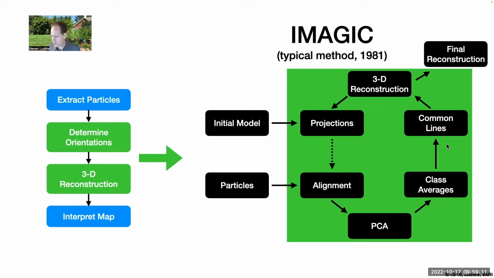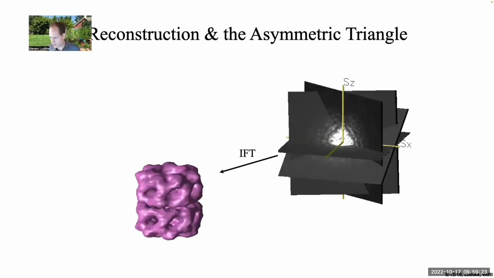And then you could determine mathematically the relative orientations of all of these 2D class averages using a technique known as common lines, which relies on the fact that when you do your Fourier reconstruction, any two projections intersect along a line. The line where the two projections intersect is called a common line.